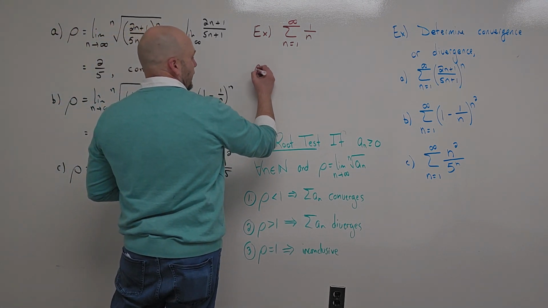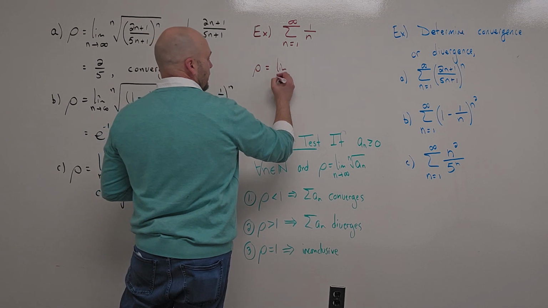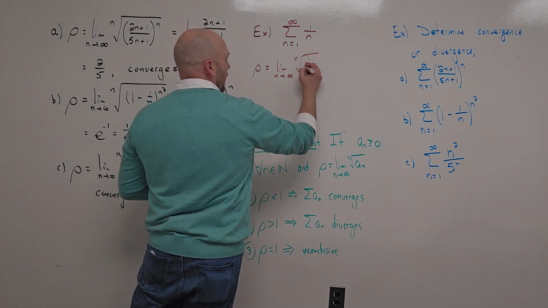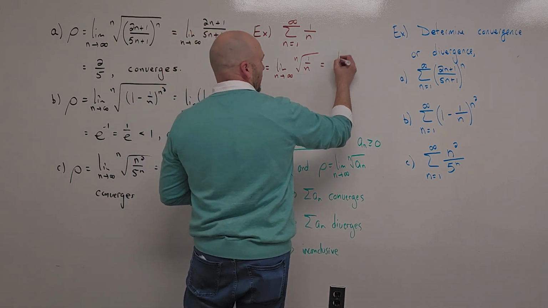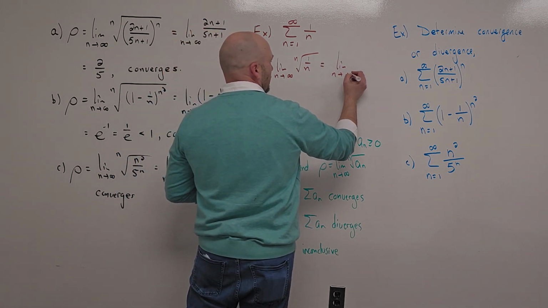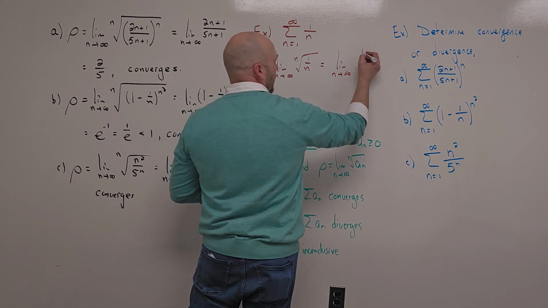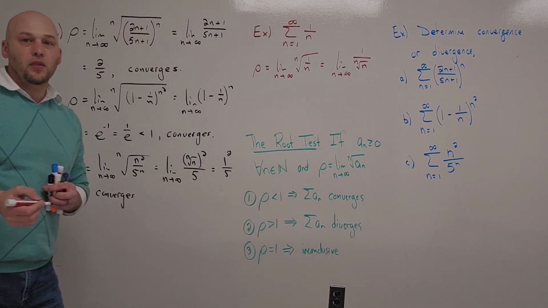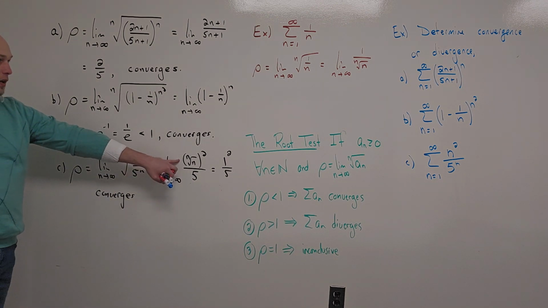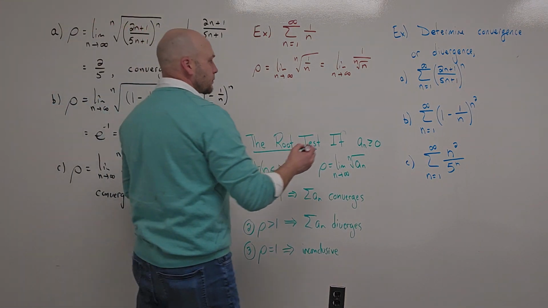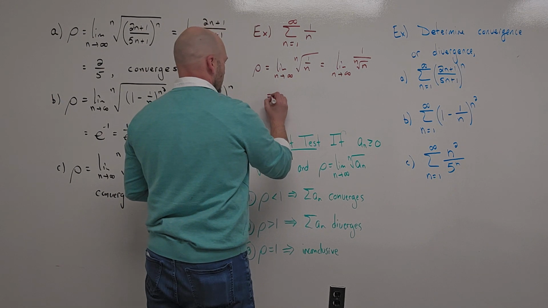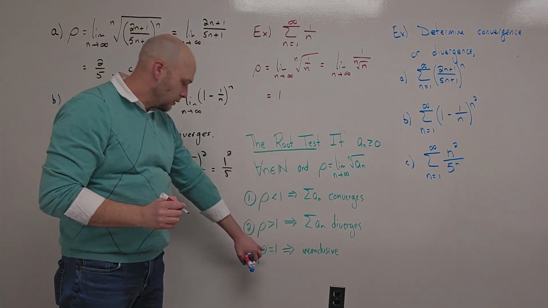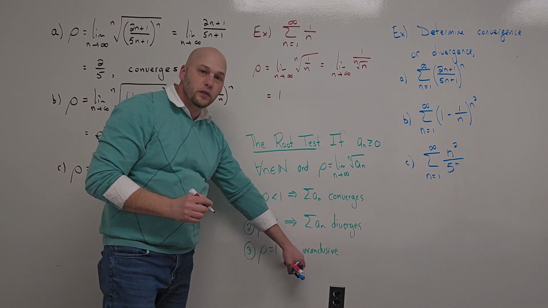So let's compute the value of rho. Rho is the limit as n goes to infinity of the nth root of 1 over n, which is the limit at infinity of the nth root of 1, which is 1, over the nth root of n. So once again, I get this nth root of n limit, which we had over here. Of course, that's 1. And by the root test, it's inconclusive.